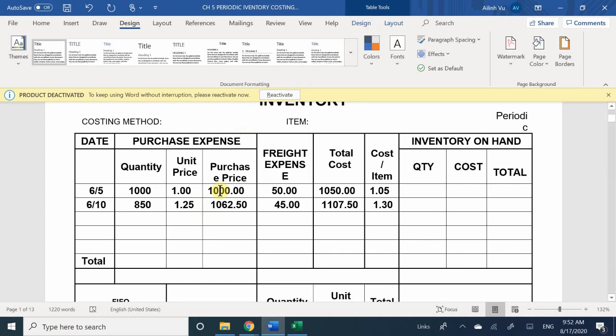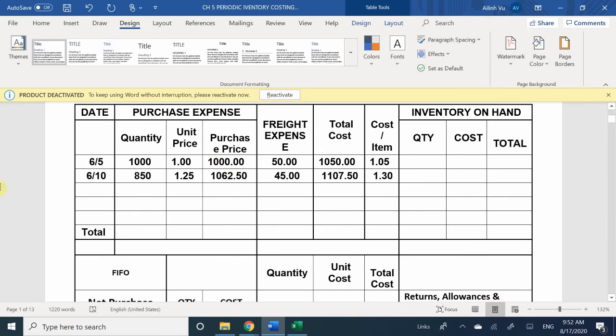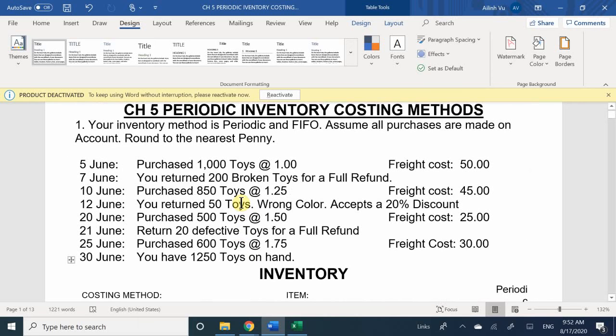But the number one thing that you have to do, and it is always true, is you need to journalize first and then do everything else after. Because oftentimes, just like what I did, I forgot to go back and journalize. So in this case, we already have our journal laid out. So we are purchasing how many toys? 500 at $1.50.